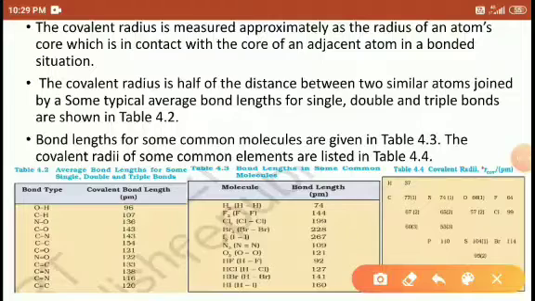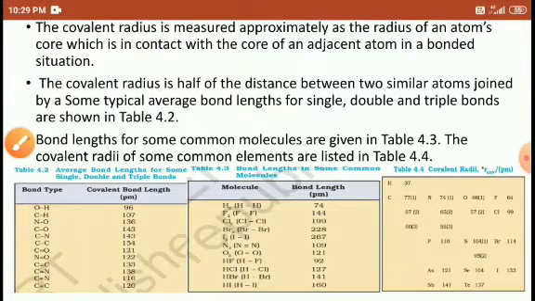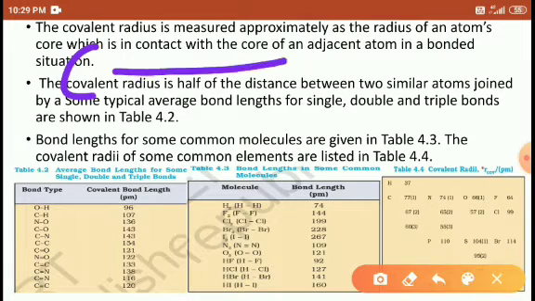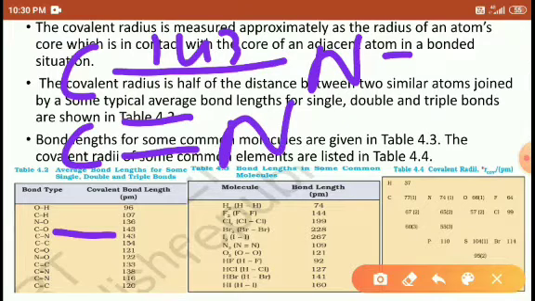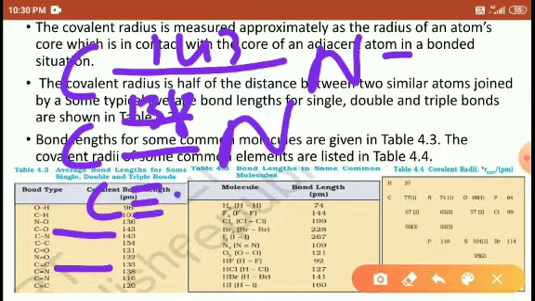Similarly, students, the carbon-nitrogen bond. I will show you. The carbon-nitrogen single bond length is 143 picometers. The carbon-nitrogen double bond is 138 picometers. The carbon-nitrogen triple bond is 116 picometers.